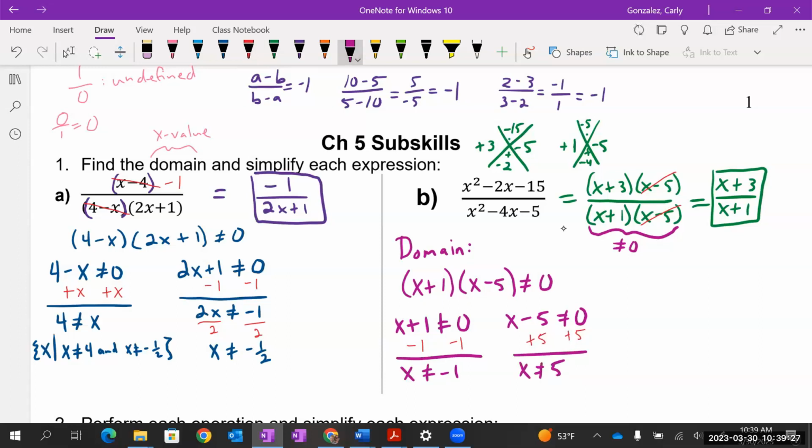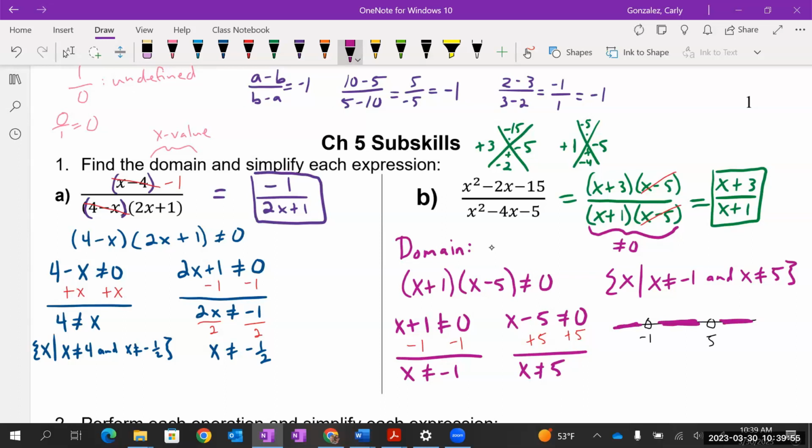So our domain is going to be all x values such that x cannot equal -1 and x may not equal 5. And then let's practice one time where we also put this in interval notation. So essentially, we're just trying to exclude -1 and +5. And so all these other values are allowed.